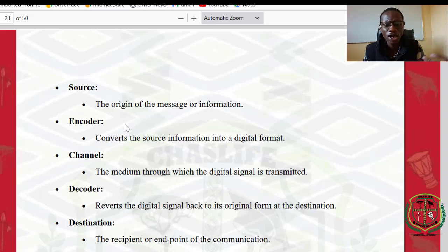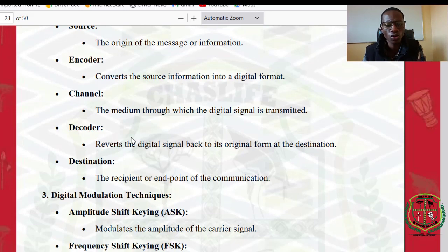So that K, through the cables and through the other mediums, will go and reflect on the screen. Therefore, I'll be able to see it, and that is what we call the destination. The destination is the screen. Through channels, the decoder will be able to receive it.